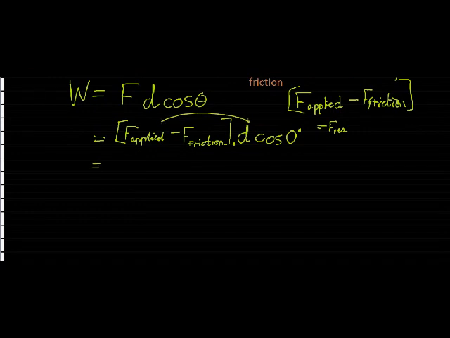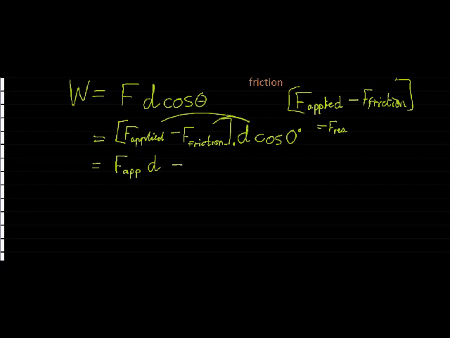So I just multiply in my d, and I get the force applied, and let me just write it smaller like that, minus the force of friction, multiplied by the distance.